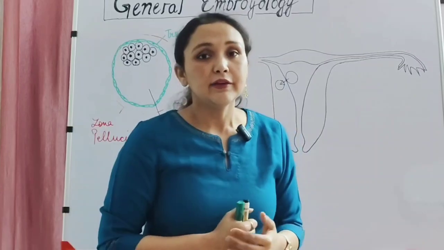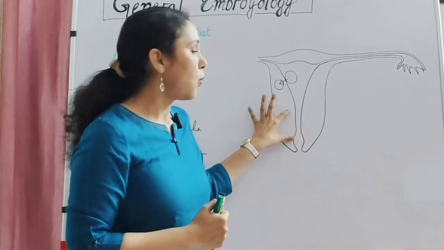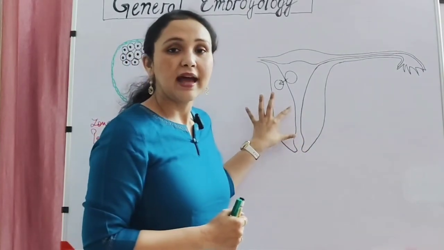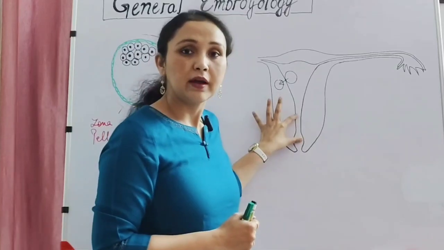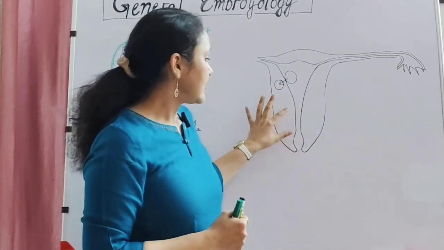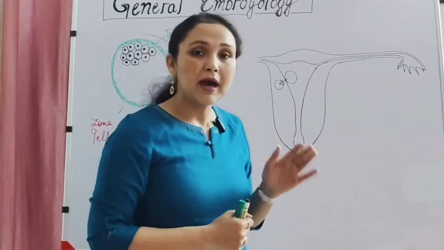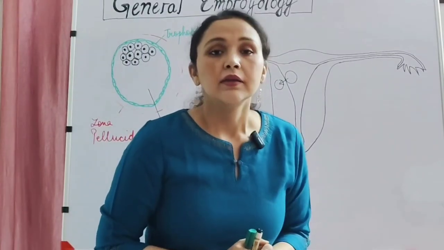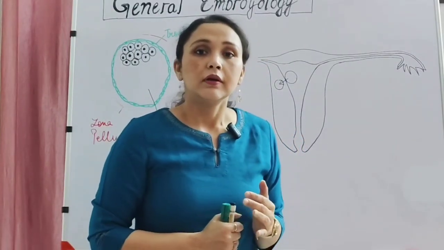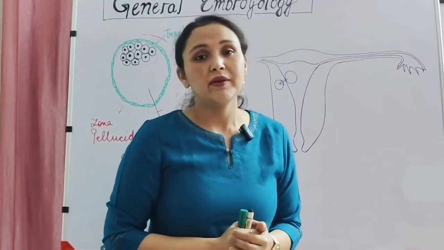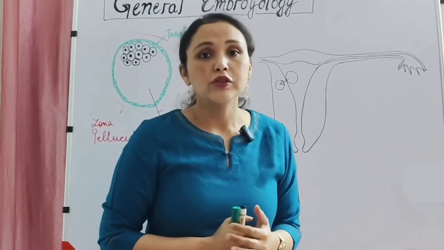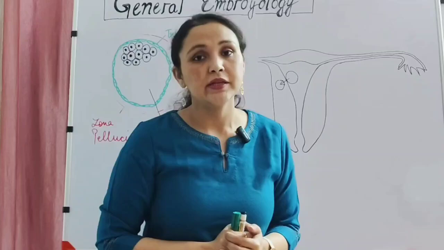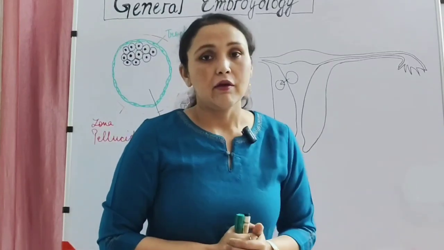What is that? If the implantation occurs in the lower uterine segment, then that condition is called placenta praevia. It can partially or completely occlude the cervix. This can lead to bleeding, and placenta praevia is a very common cause of antepartum hemorrhage. So it has to be taken care of.